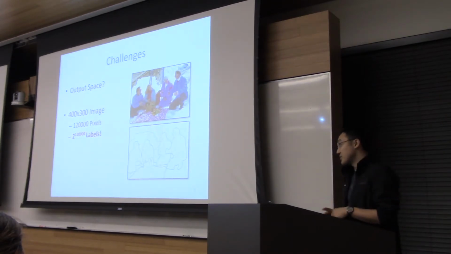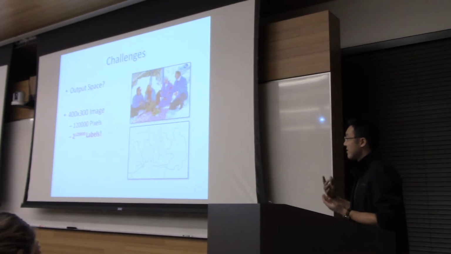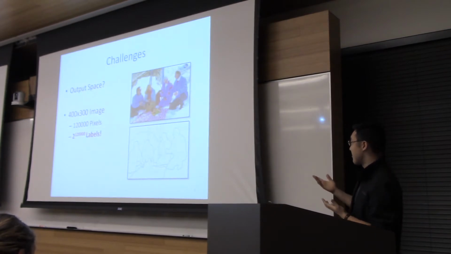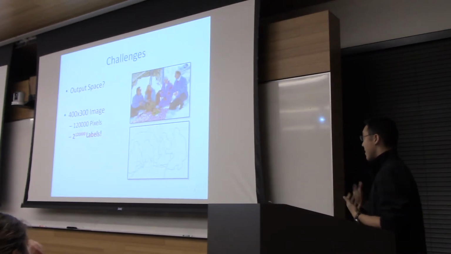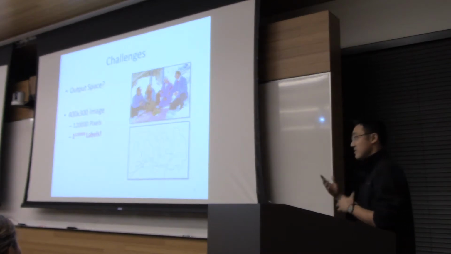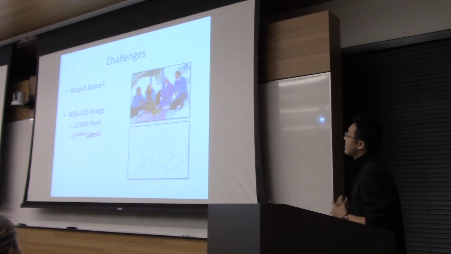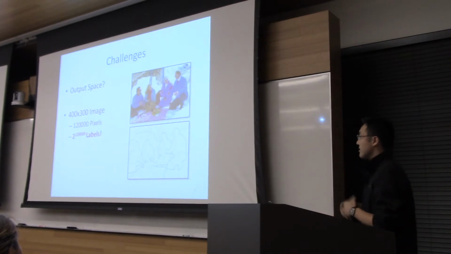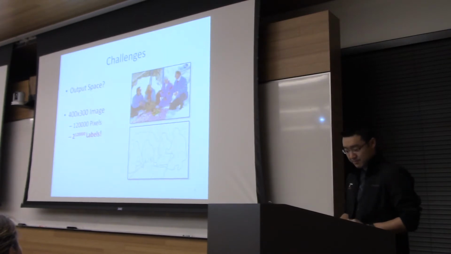If one were to be super naive about it and assume that each pixel can be black or white, on or off, that's a huge label space. So obviously, the super naive way of thinking about predicting in this space doesn't quite scale.